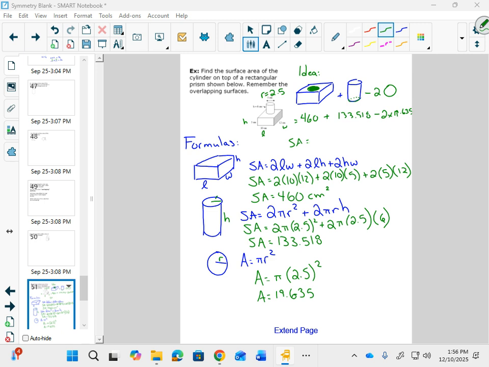And now, my final answer, I can type all of that into my calculator all at once. 460 plus 133.518 minus 2 times 19.635. And I'll round to 1 decimal place and circle my final answer.